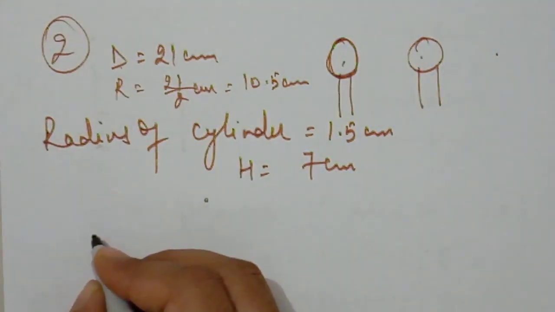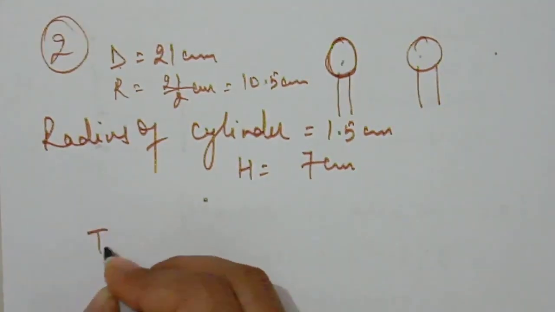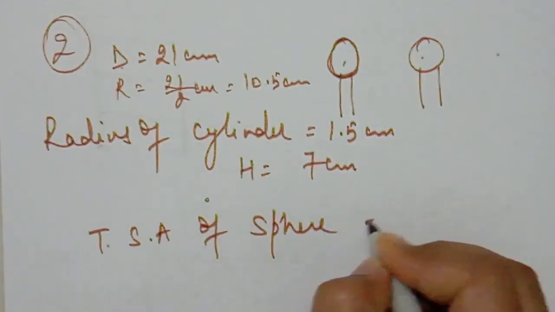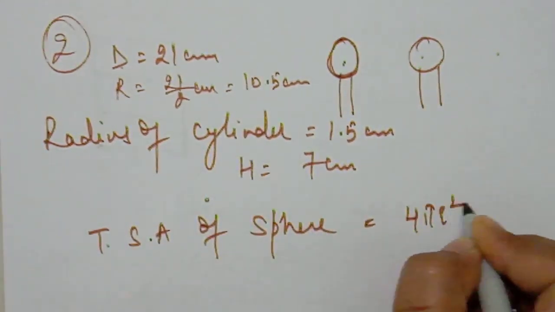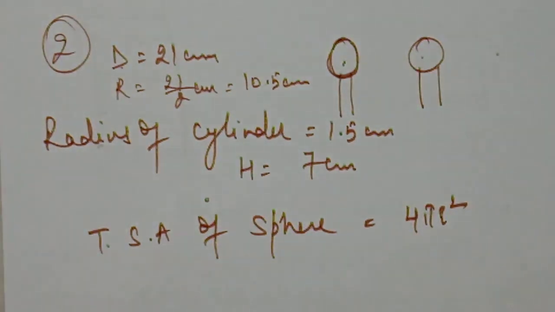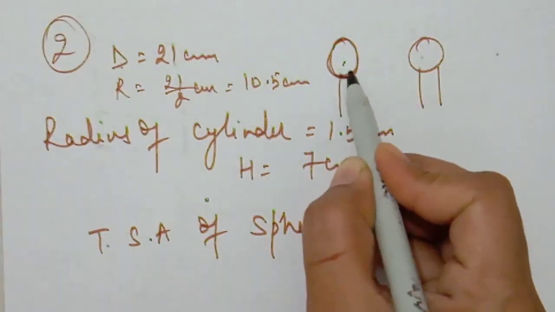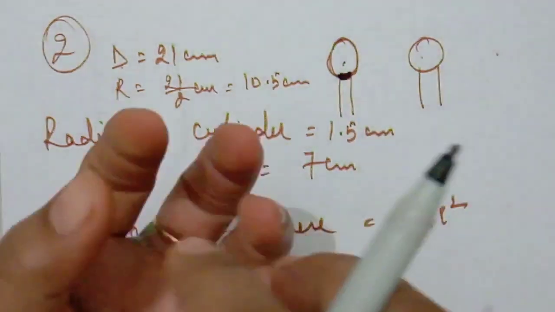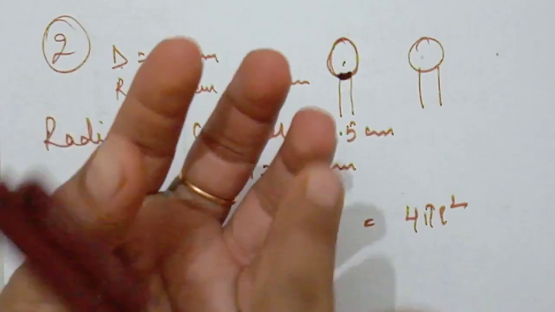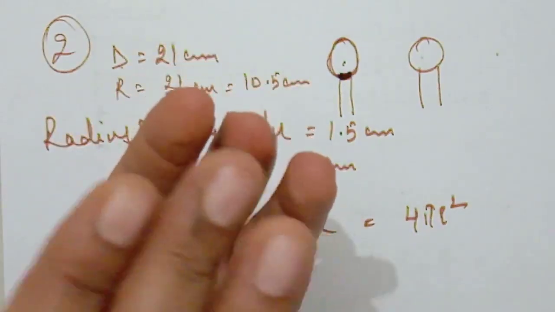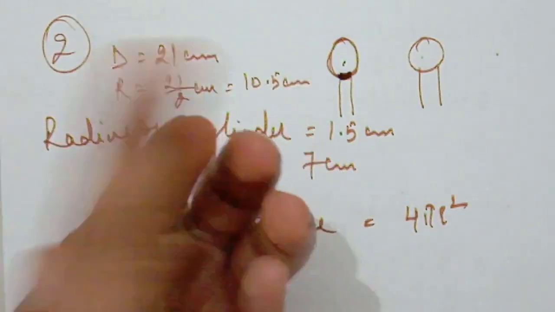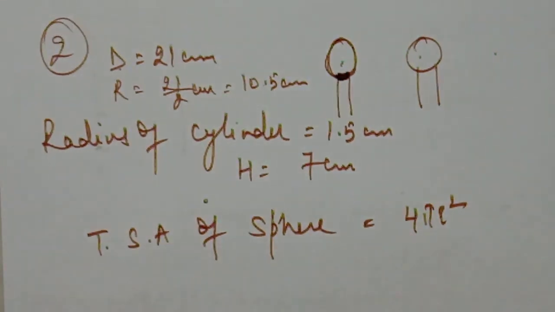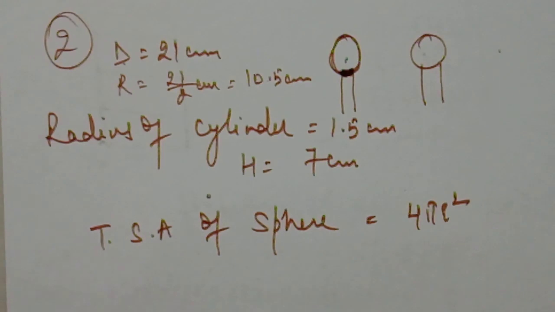When we are going to find the total surface area of sphere, which is 4 pi r square, but students, the part which is present upside of the pillar, which is to be pasted on the pillar, the painting is not possible on that part, so we have to subtract it from the total area.